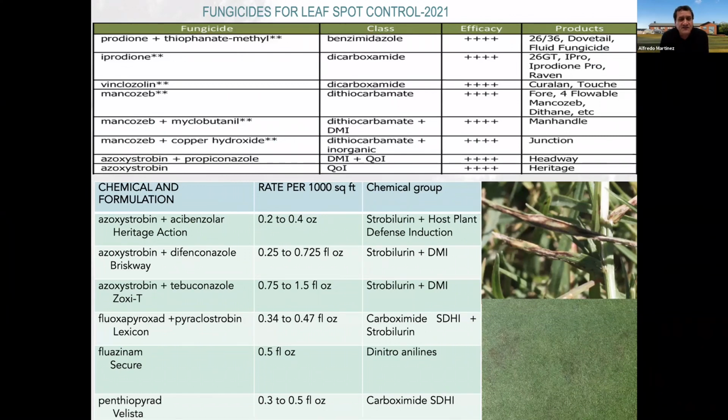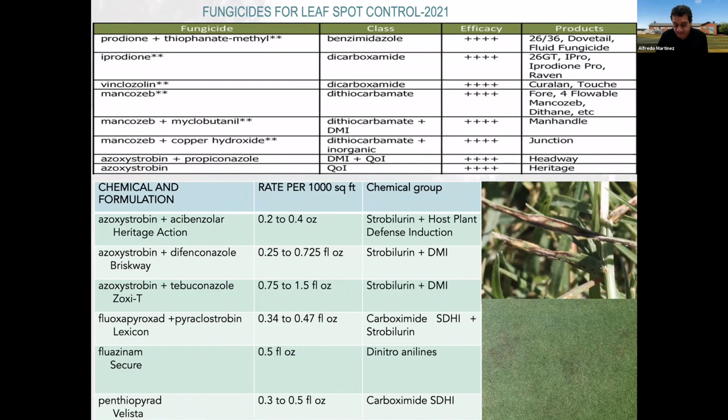Fungicides also, because it's important. There's a bunch of products there, but anything that has a strobilurin, anything where the active ingredient ends in strobin, is not effective or very, very low on dollar spot, but they are really effective on everything else that I'm going to be talking about, including bipolaris leaf spot.